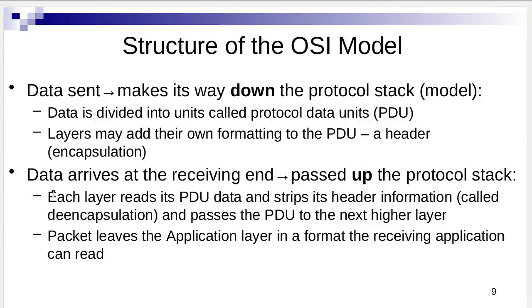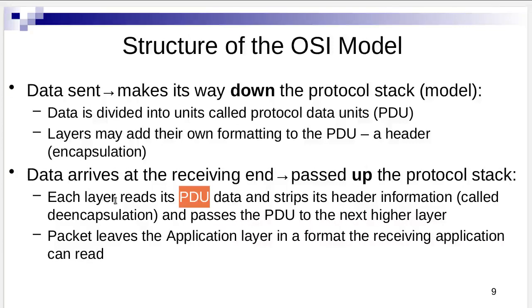Each layer in OSI reads its protocol data unit, and all we mean by that is in the transport layer we're talking segments, or we can also call it datagrams. At layer 3 or the IP layer, it is packets, and then at layer 2 it's frames, things like that.